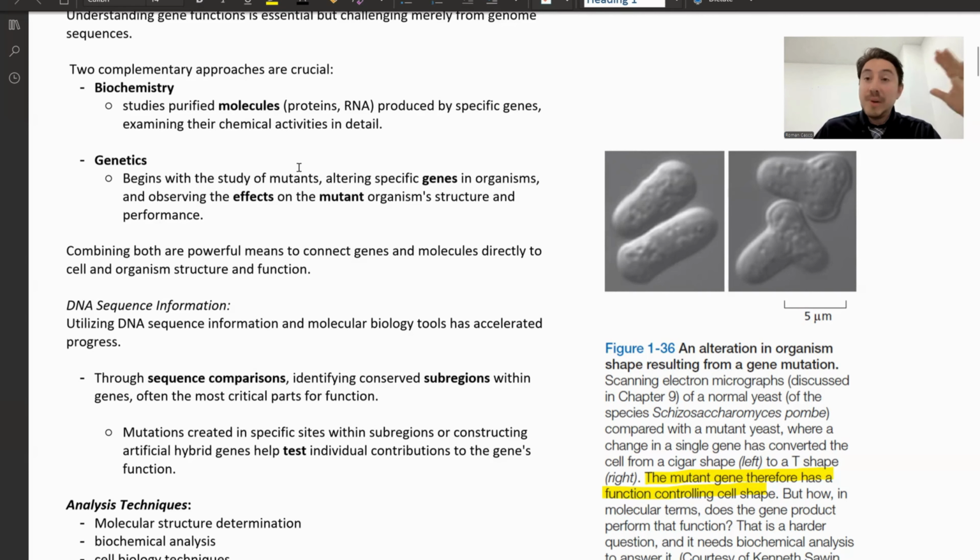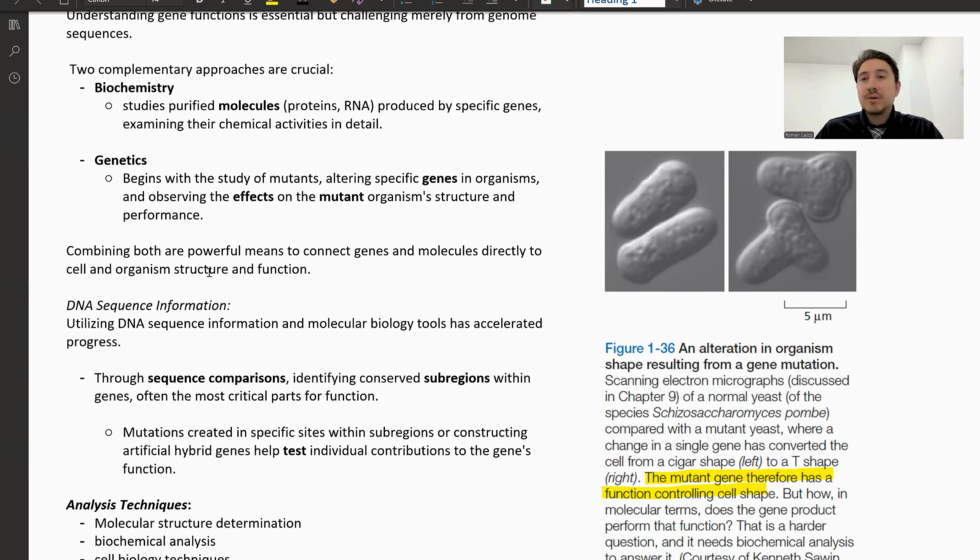Biochemistry. And then on the other side, you have genetics, which studies mutant variations of these specific genes within organisms to see the effects on the organism's structure and the overall function and performance of these genes, right?